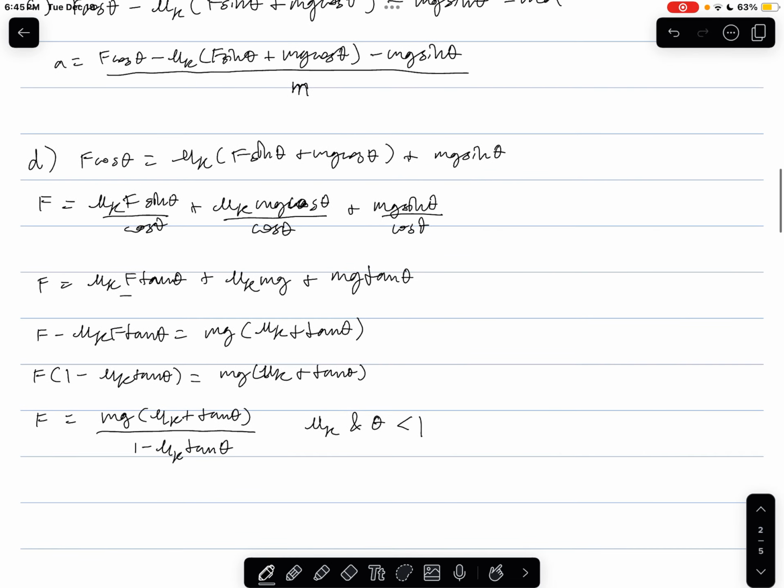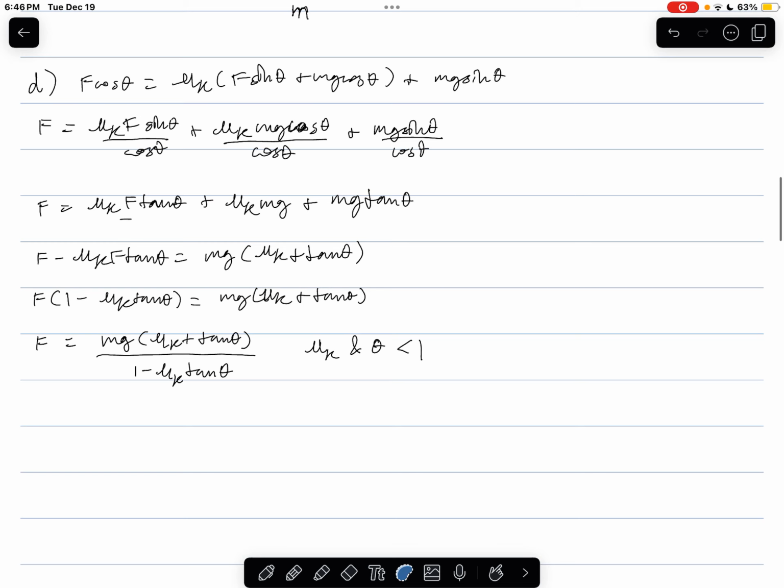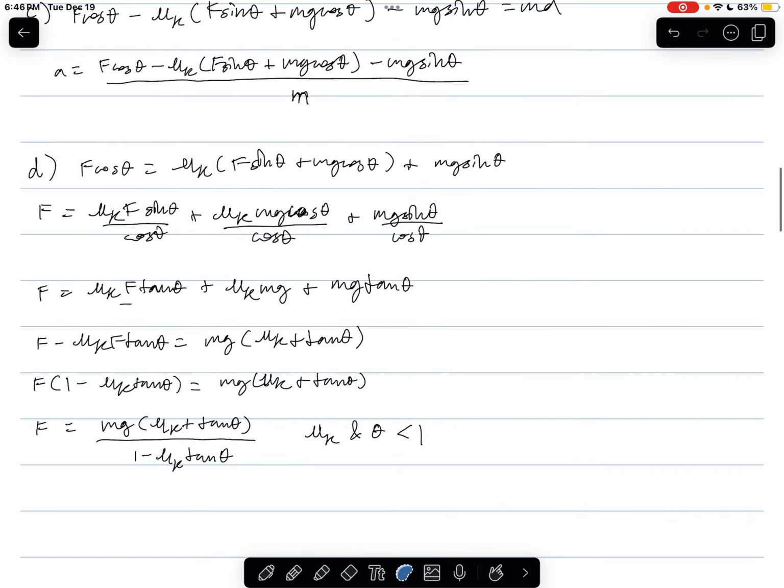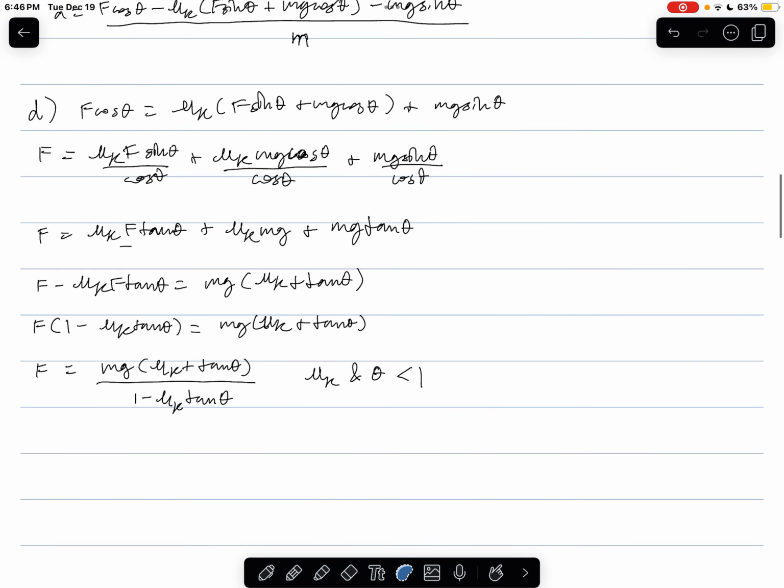So F, where is part D? Okay, I'm gonna do the same thing like before, except I'm going to add 5 in front of the M because now I'm gonna look at it as a whole system. So I can just add both M and 4M together to get 5M. And then I'm just gonna look at it as one system.